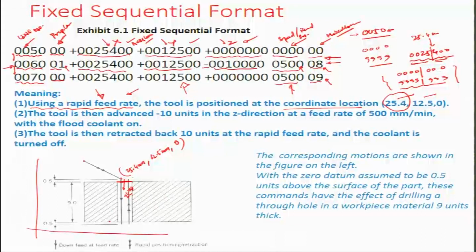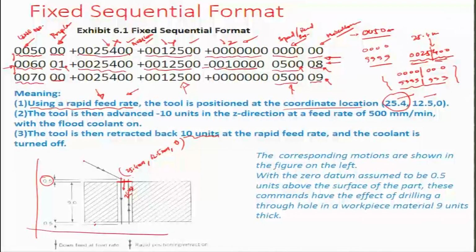You go exactly 10 units downwards, and while going 10 units downwards you are crossing 0.5 unit of clearance that the tool had earlier, and going all the way to 0.5 away from the lower surface of the workpiece, so that you ensure that it is a through hole. And this logic is being provided in the second step right here. So the block size may be about 9 mm, and you need a 10 mm movement for providing a through hole on the 9 mm block.